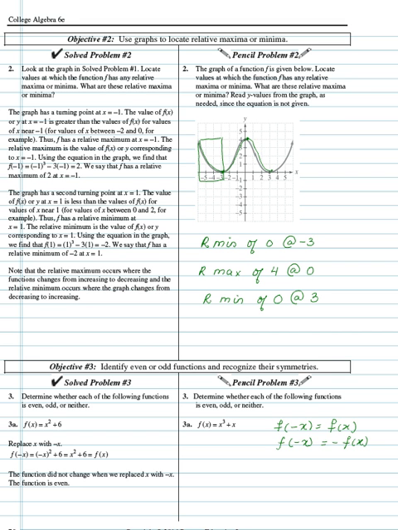In other words, a function is said to be even if it's symmetric along the y-axis, so it's the same on both sides of the y-axis.